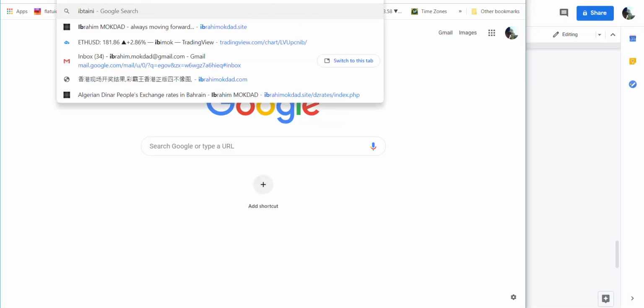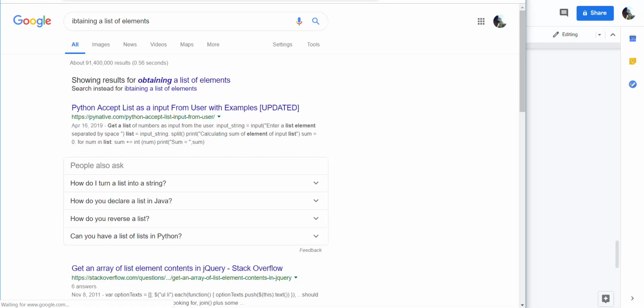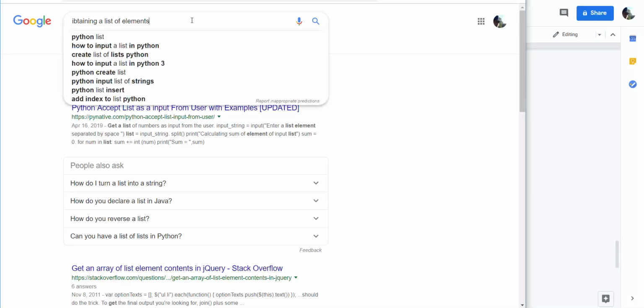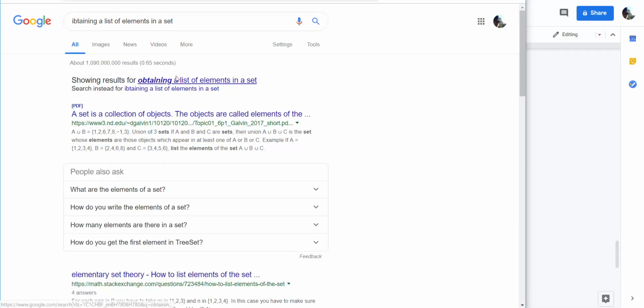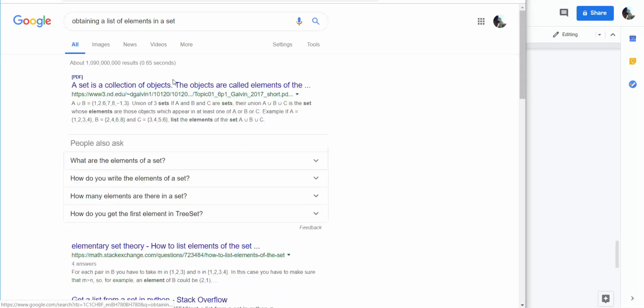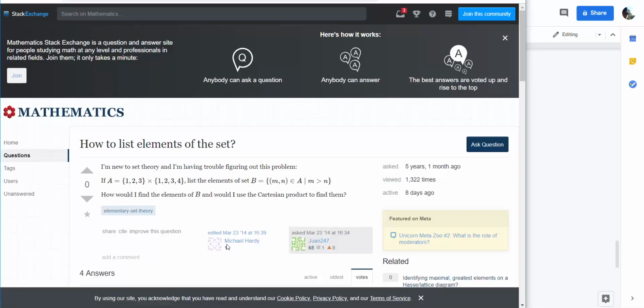So, obtaining the list of elements. This is a collection. To list elements, let's check out Stack Exchange.